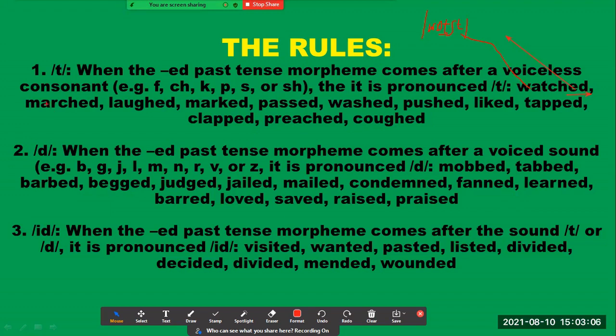Now a similar thing happens here, all right. Matched. So when you talk of matched, the sound here is T, matched.